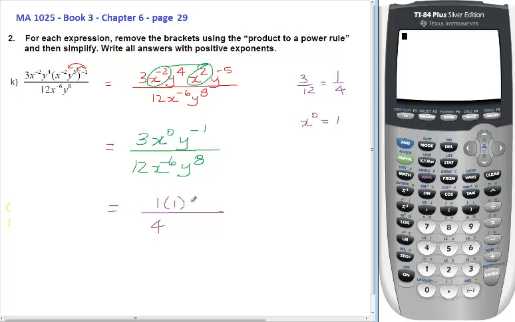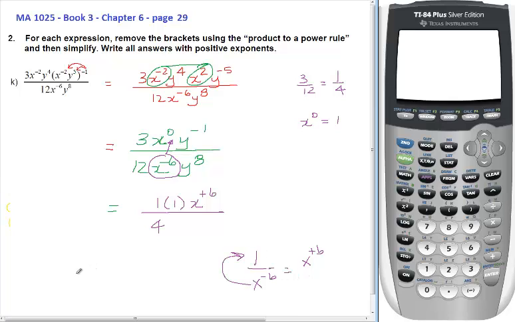And I have, watch this now, the next step I'm going to write x to the positive 6. So notice I've taken this one and moved it up because we know the rule about negative exponents. If I have 1 over x to the negative b, that's the same as x to the positive b if I move it up to the numerator position. And vice versa.